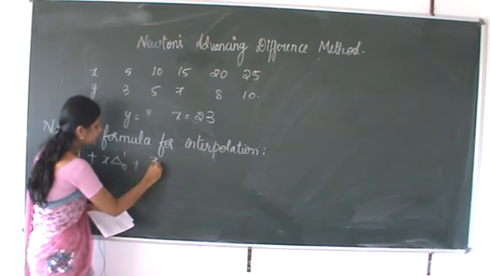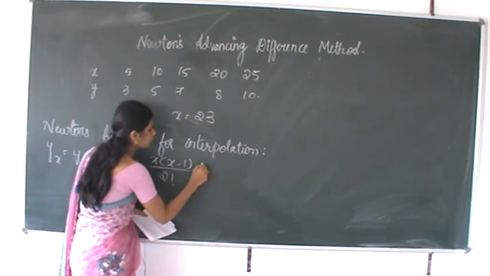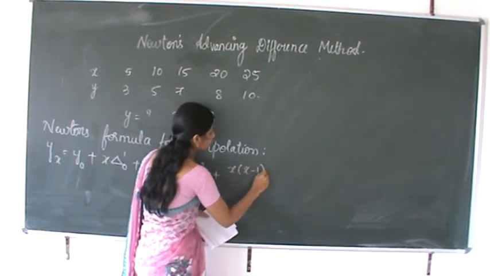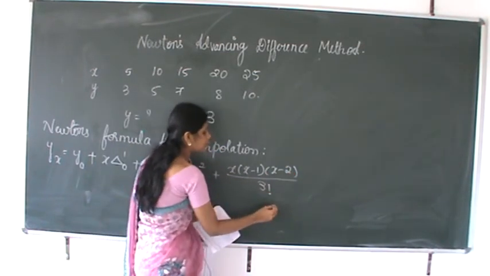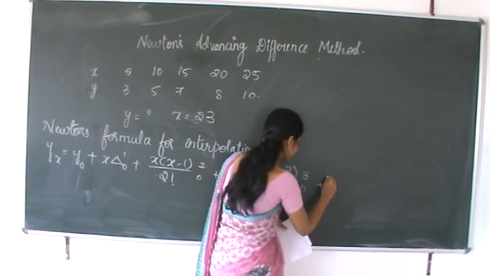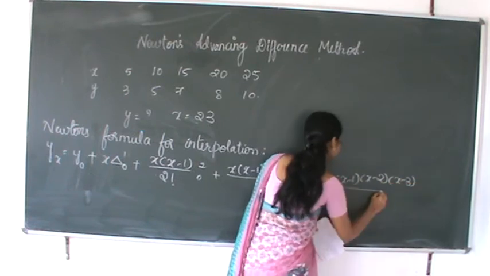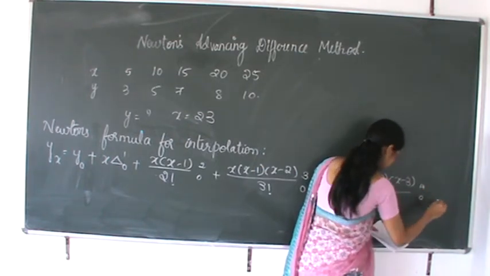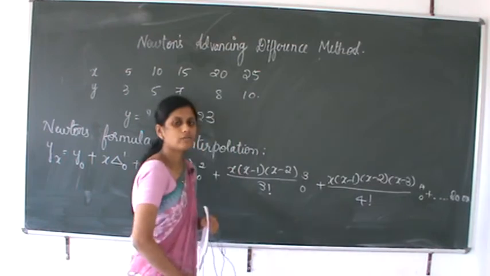Next, plus x into x minus 1 divided by 2 factorial into the second leading difference, plus x into x minus 1 into x minus 2 divided by 3 factorial, third leading difference, plus x into x minus 1 into x minus 2 into x minus 3 divided by 4 factorial, fourth leading difference, plus so on up to the n known values of y.